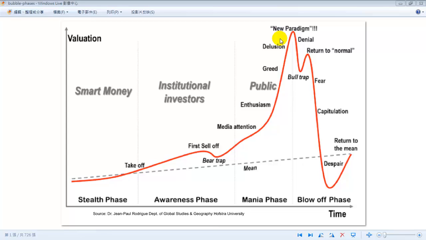All right. So here is the basic cycle of the market, focusing on a market crash. What happens is smart money comes into an industry or even just a stock or a market. Now, institutional investors, they follow up with that smart money.